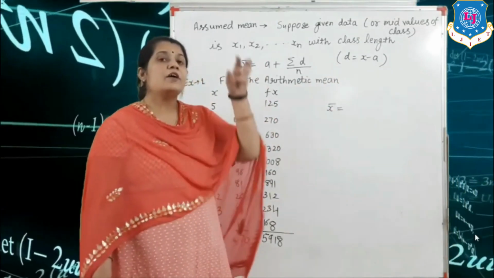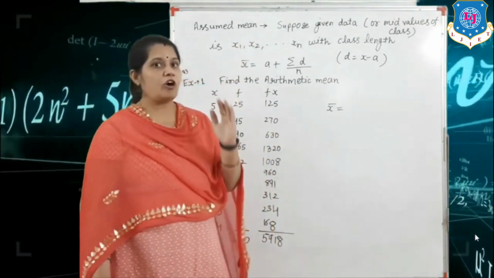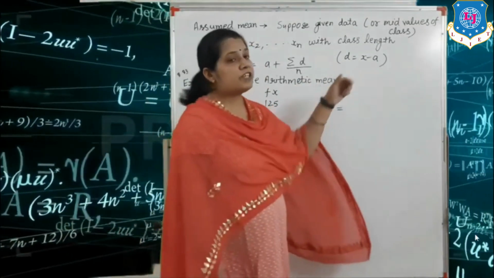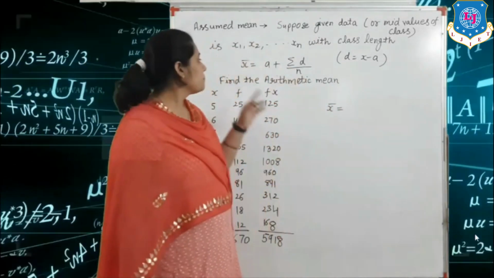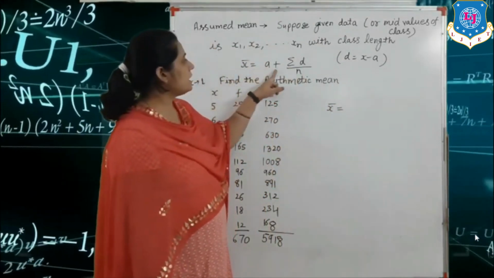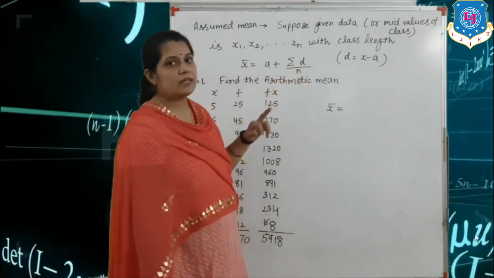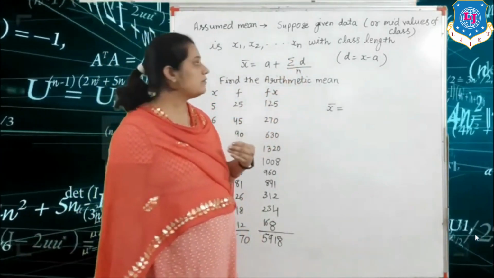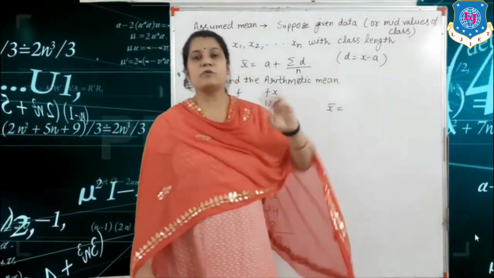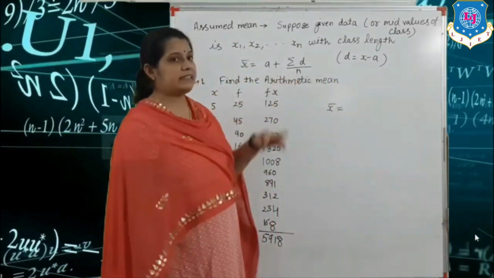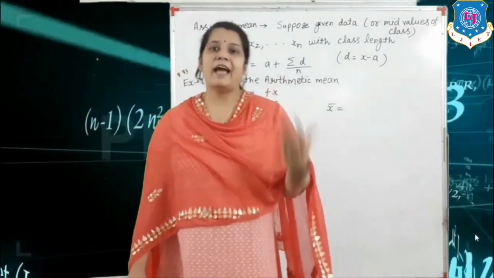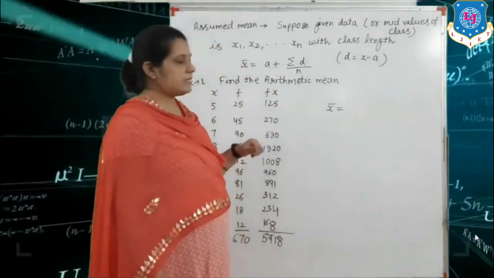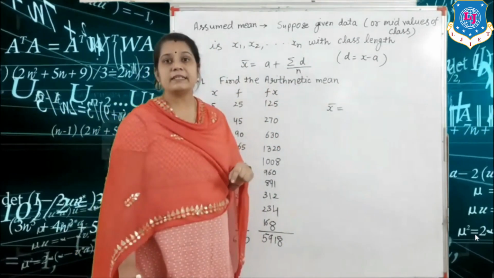X is already given in your question in the column of x, and a we consider the middle value. So here x bar is equal to a plus summation d upon small n. Small n is the number of terms. If our question is given in x and f both forms, then in the denominator we write capital N. Got it? So example is find the arithmetic mean.